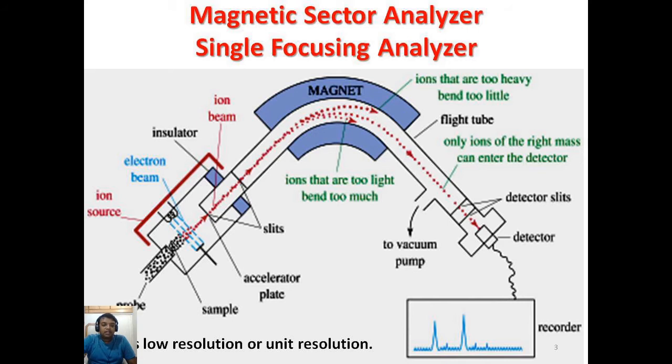Hence the cations enter into the analyzer, and according to their weight they bend in the analyzer. Here in the magnetic analyzer, magnetic waves are generated through high electron charges, and these electron charges generate electromagnetic currents. So due to the electromagnetic currents, the molecules bend in the analyzer.